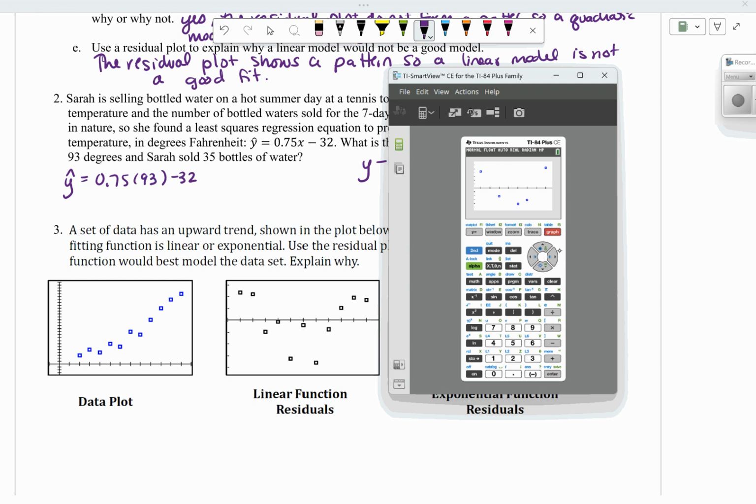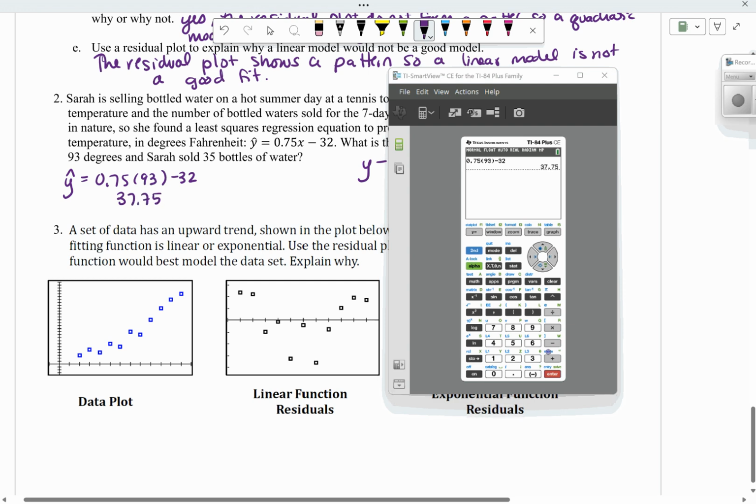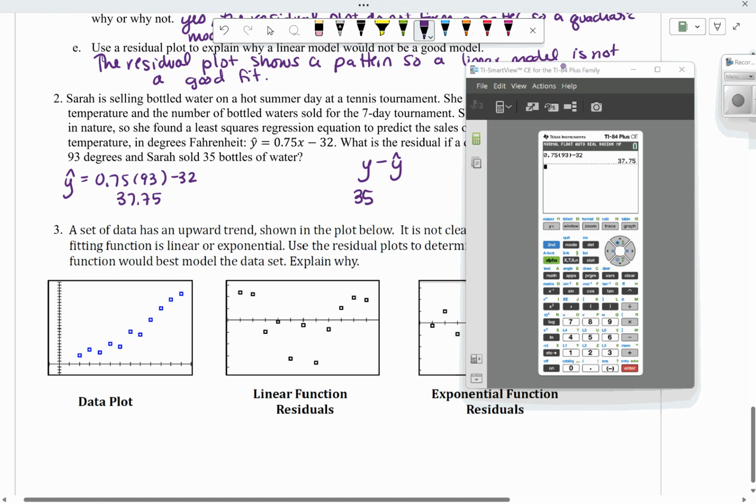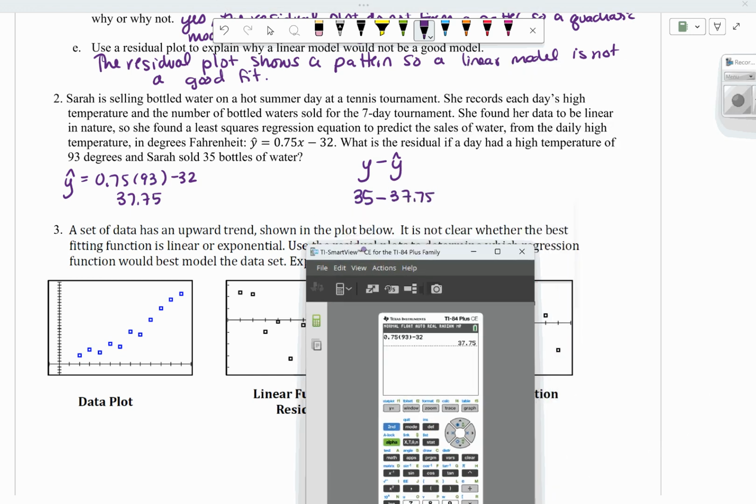If we just quickly calculate that on our calculator, 0.75 times 93 minus 32 gives us 37.75. And so to find the residual, again, we're taking the actual value minus the predicted value. And when we do that, that gives us negative 2.75. So this would be the residual.